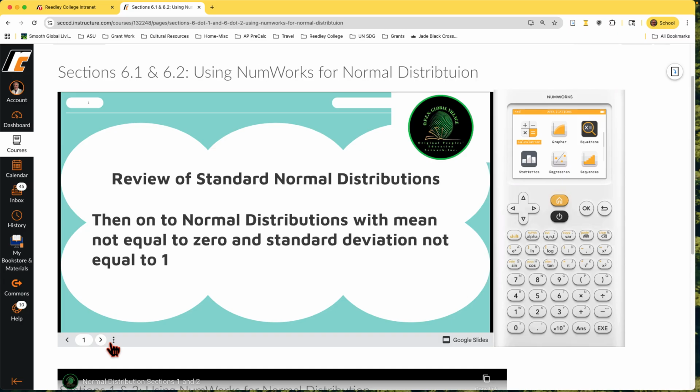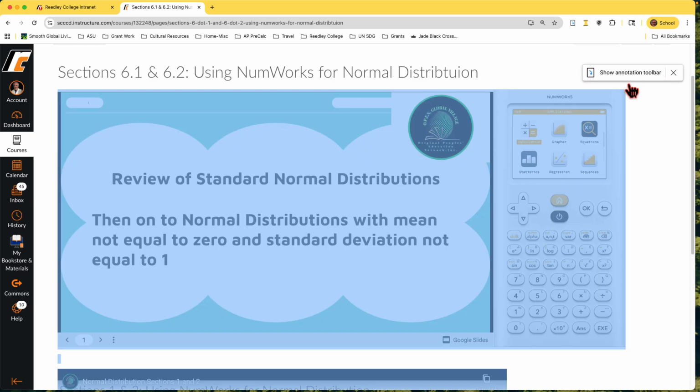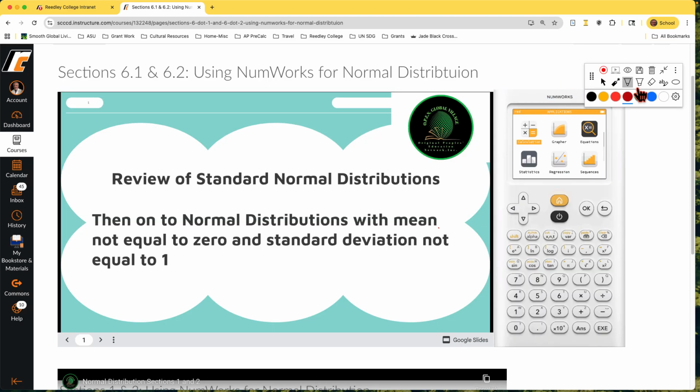We're going to start with what's called the standard normal distribution. Tomorrow we'll do the normal distribution without the word standard. When you see the word standard, it's telling you that we're dealing with a normal distribution. Does anyone remember what the graph of a normal distribution looks like?